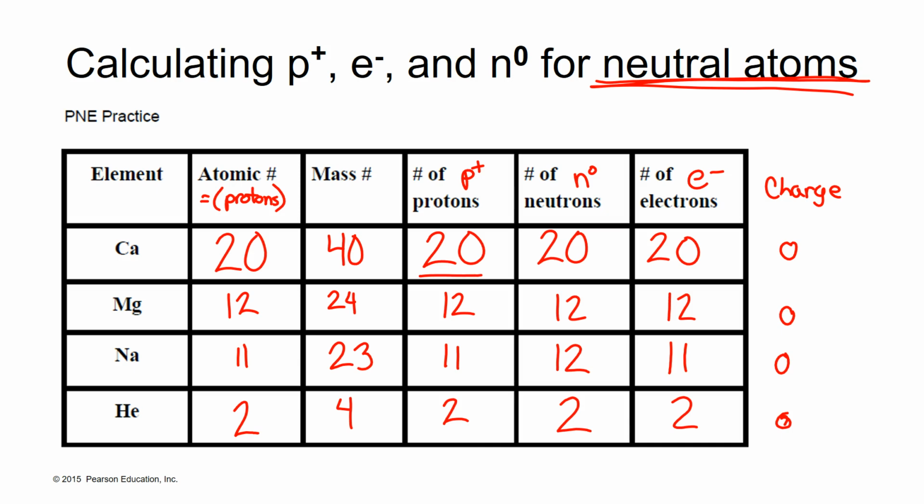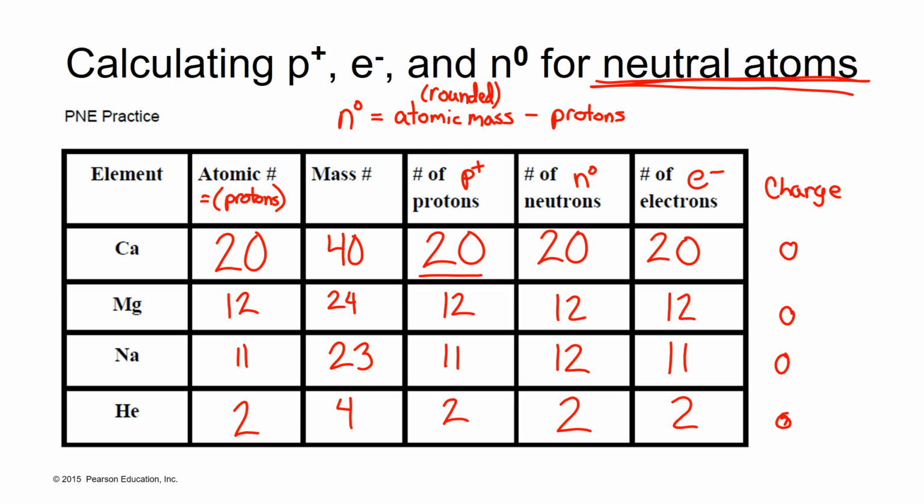Yes. So neutrons is always going to be equal to the rounded atomic mass minus the protons, our atomic number. All right.